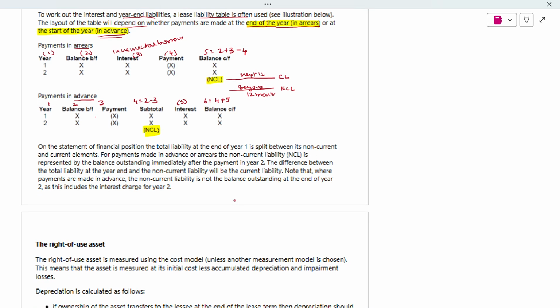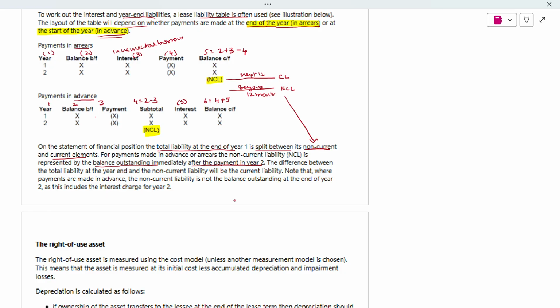On the statement of financial position, the total liability at the end of year one will be split between the non-current liabilities and current liabilities. For payment made in advance or arrears, the non-current liability represents the outstanding amount immediately after the payment in year two.